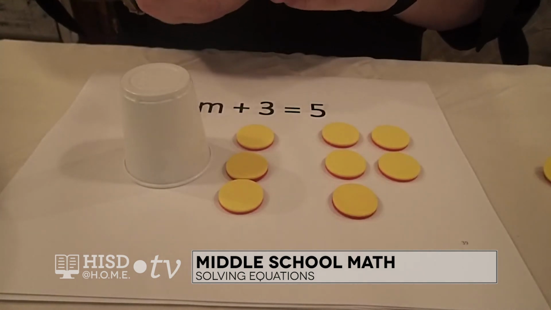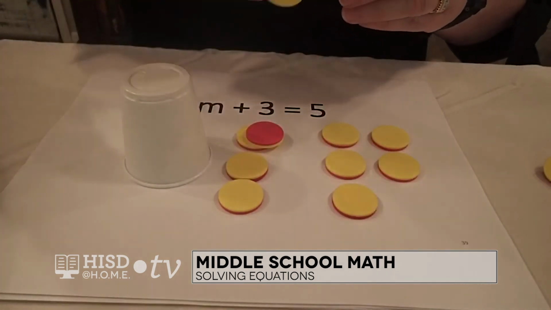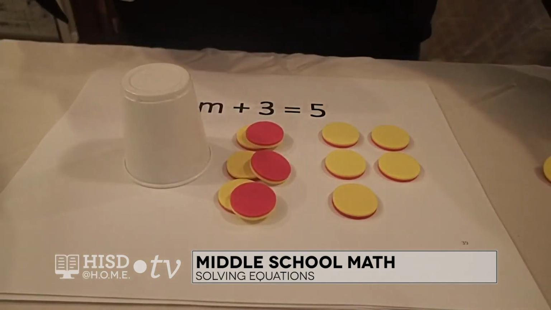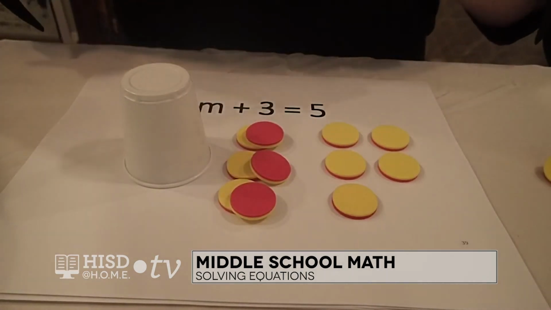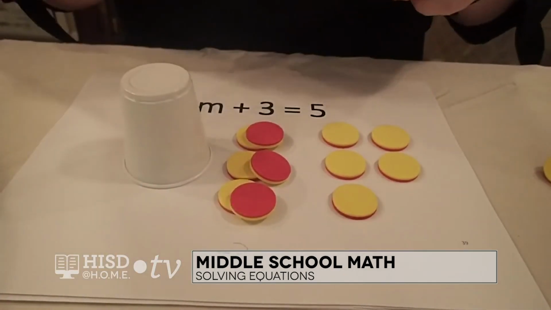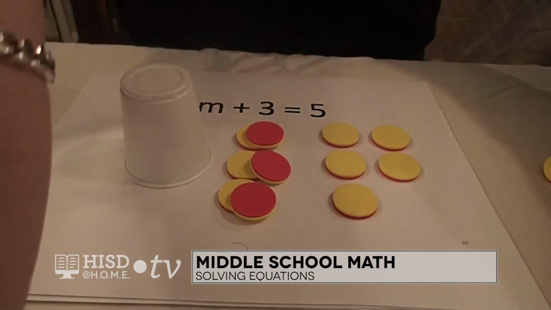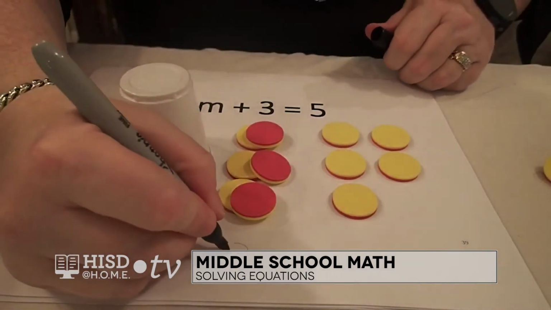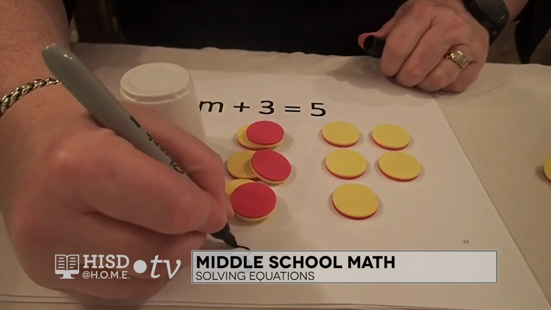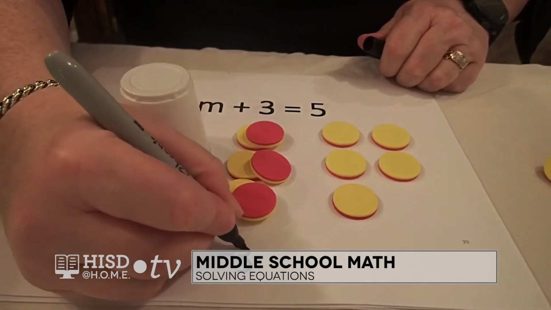Y'all are excellent. Negative 3 is the 0 pair that I represent. And if we wanted to write that down, we would write minus 3. Negative 3. That's the 0 pair that I'm introducing right now.